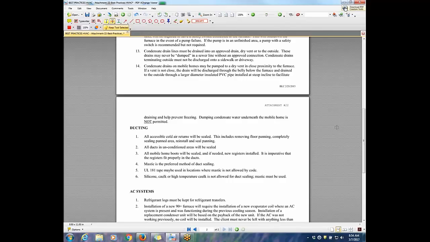Chime in on this. What do you want this to say? Just take it out completely. Yeah, there's a lot worse things dumping down there. I agree. Okay, so if we just get rid of that and get rid of that and just kind of lump all condensate drains into one thing and reference the code and the field guide.